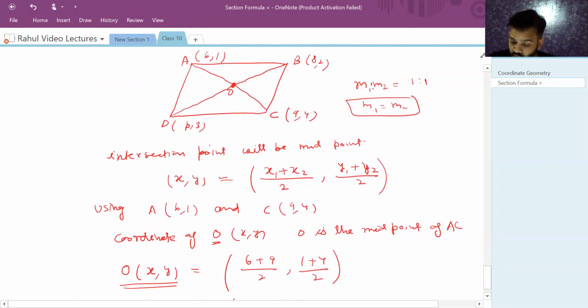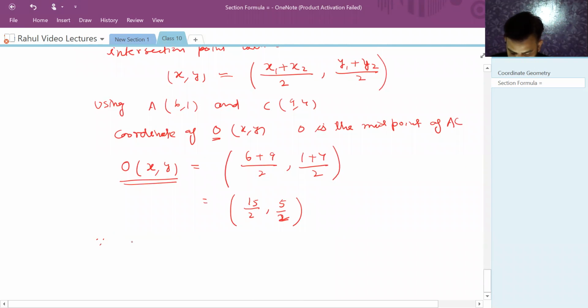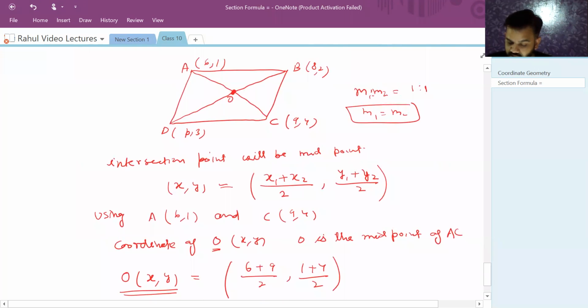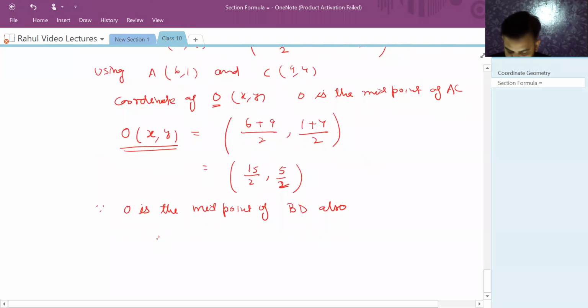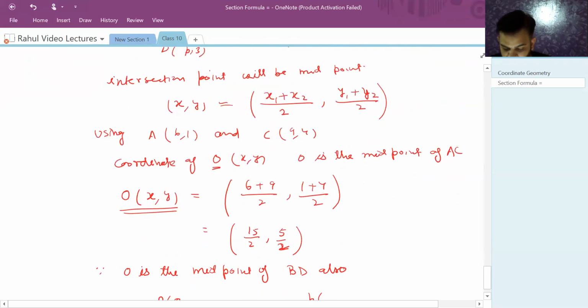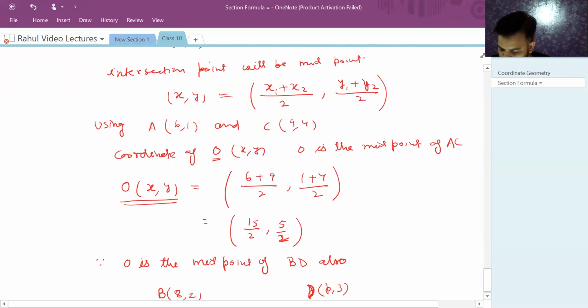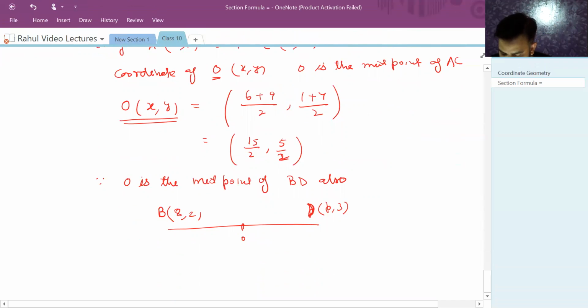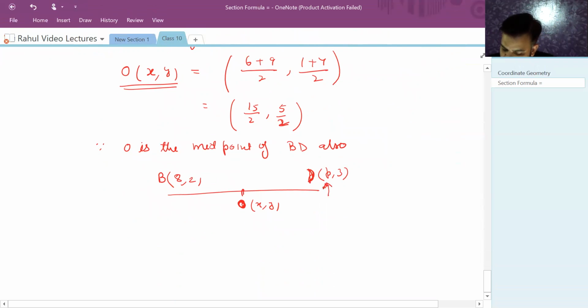Now, O is also the midpoint of BD. So B is (8, 2), and D is (P, 3), and you have to find out the value of P. O is the midpoint of this one, so we have to find out x2 basically.